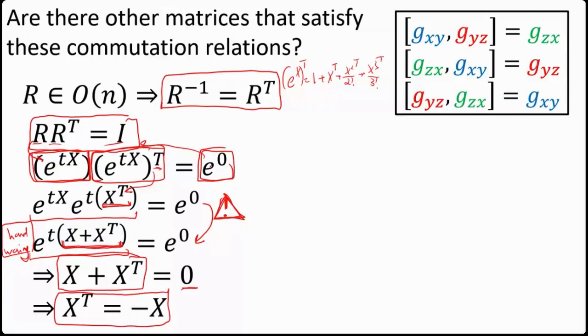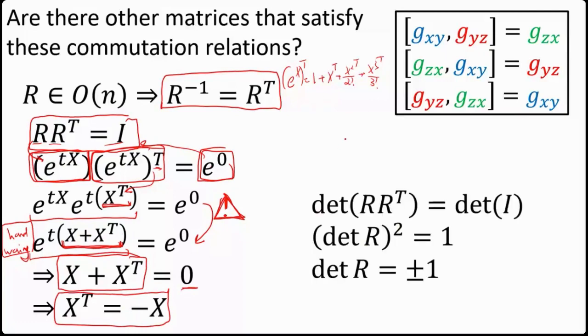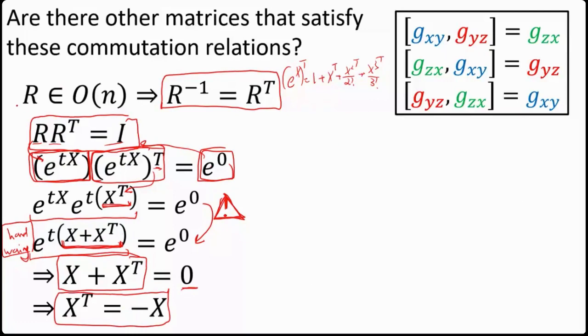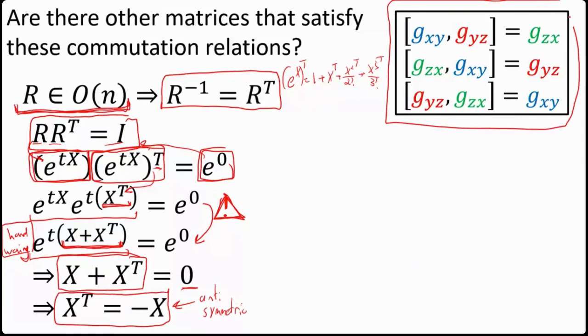So what this is saying is that when we have R being a member of a rotation-reflection group, its generator will be antisymmetric. So we might try and find other antisymmetric matrices that satisfy these commutation relations.